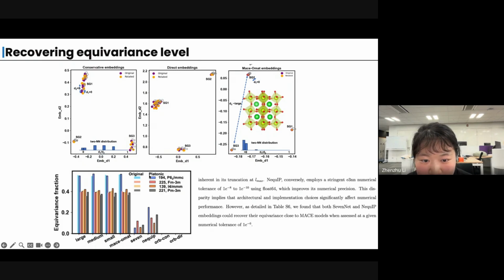But after the Platonic representation, we can partially recover the equivalence capability of the model. For non-equivalent models, there's no help, so the Platonic representation cannot create equivalence from nothing.